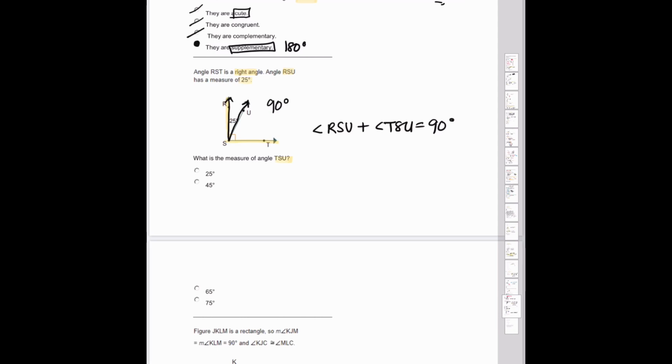We know that RSU is equal to 25. We don't know the measure of TSU just yet, but we do know that they will equal 90 degrees. Subtract 25 from both sides, and that gives us that TSU is equal to 65 degrees.